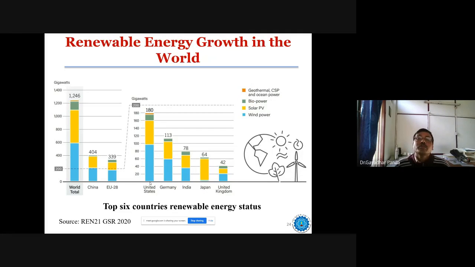And here you can also see the top 6 countries for renewable energy status, where India is also in between. But we are in a good position, and we are expecting that we will do better.